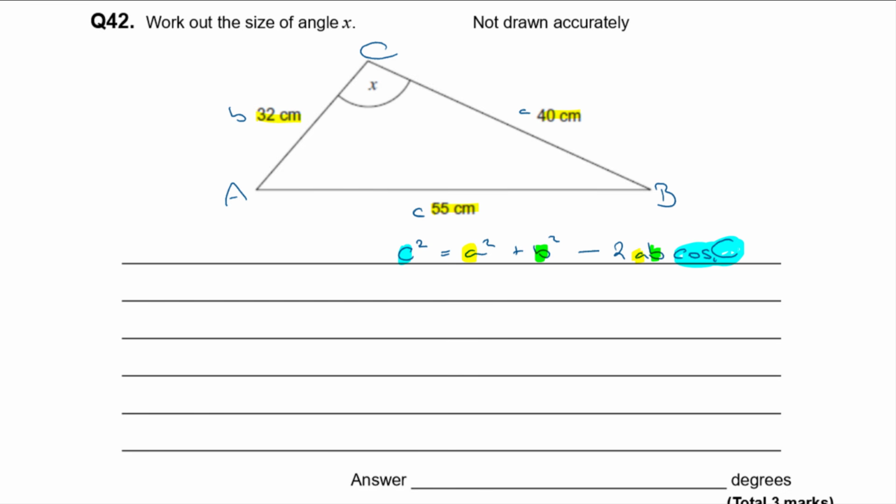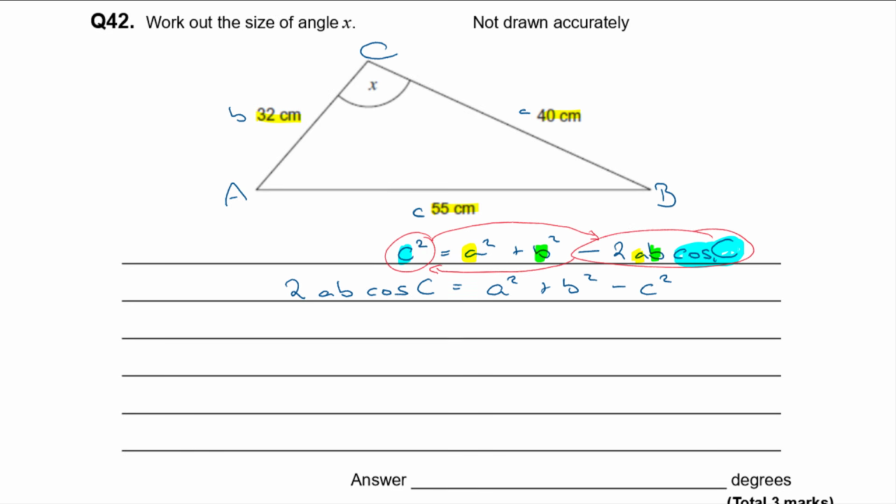So I'm going to have to rearrange this first to make c the subject. So taking that minus 2ab cos c to the other side to make it positive, so I get 2ab cos c, and moving the c squared over to the other side, I'm going to get a squared plus b squared minus c squared. Okay, so I've just shimmied that over there, and I've taken all of this and moved it over here.